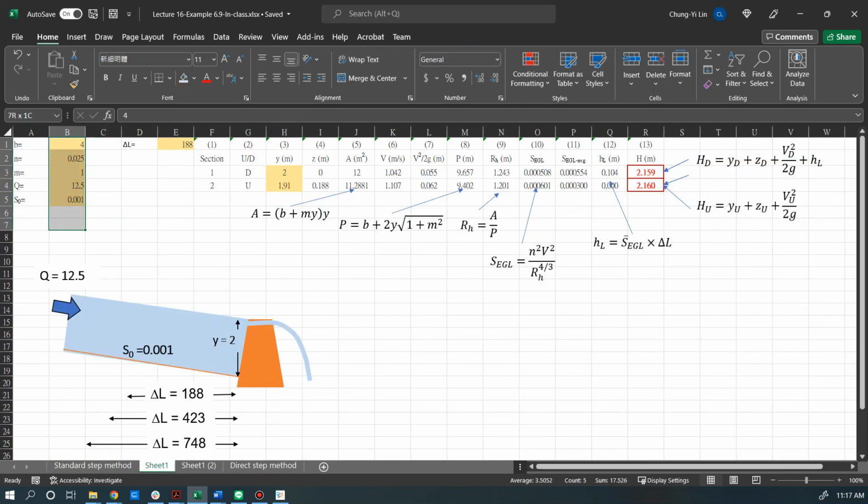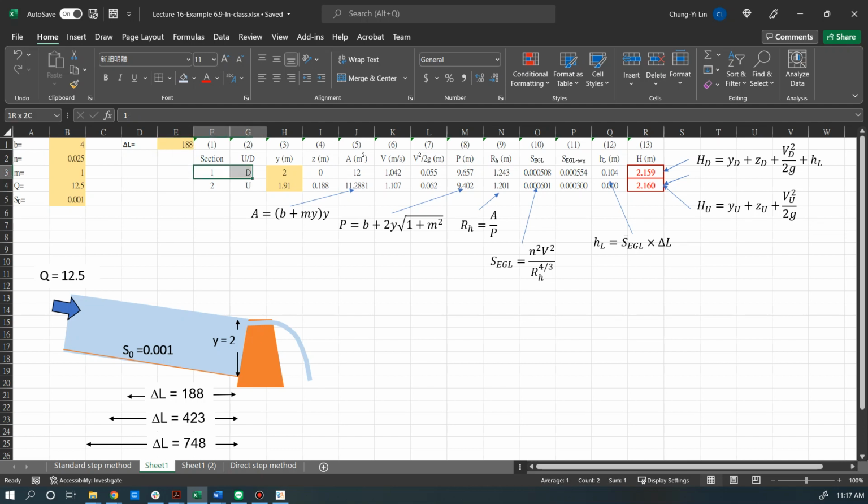Here is the basic information you get from the problem, and you can put it in these yellow background cells in Excel. Because the distance delta L is equal to 188, you put 188 in this box.